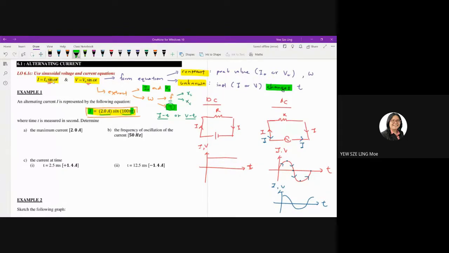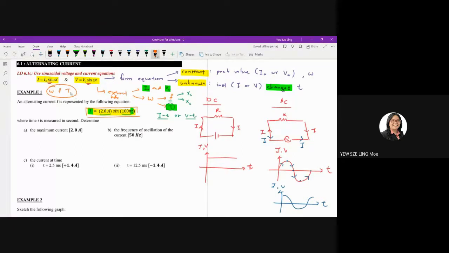That's why you need to know what information can be extracted from the equation. So you can extract I naught or V naught from the equation, as well as the period. How to get the period is from the omega. So once again, when it comes to chapter 6, the thing that you need to know is that omega, frequency, and period are one big family.